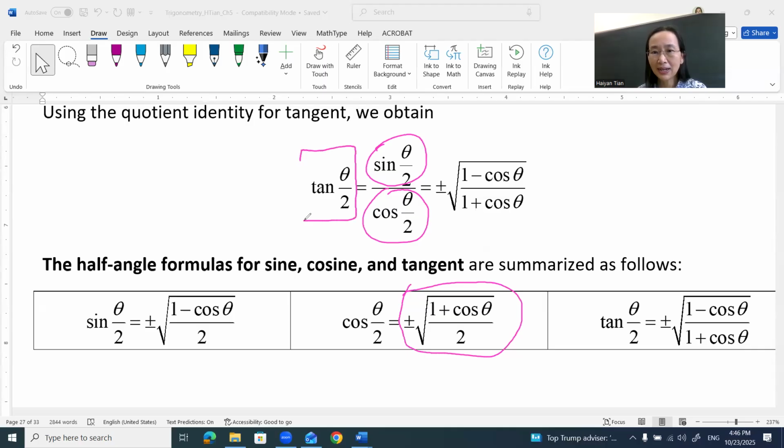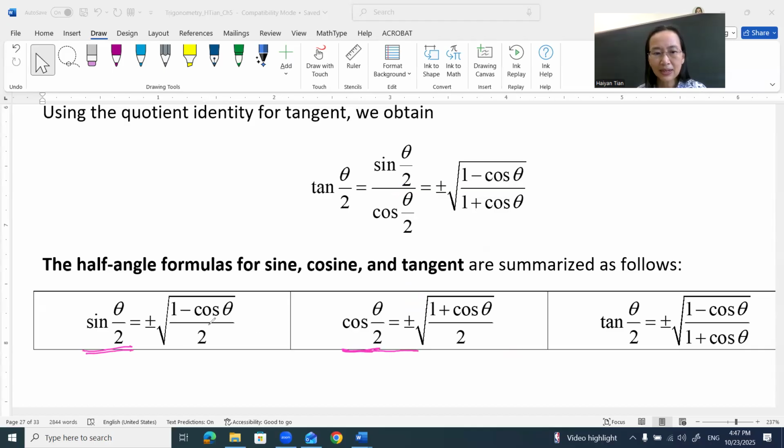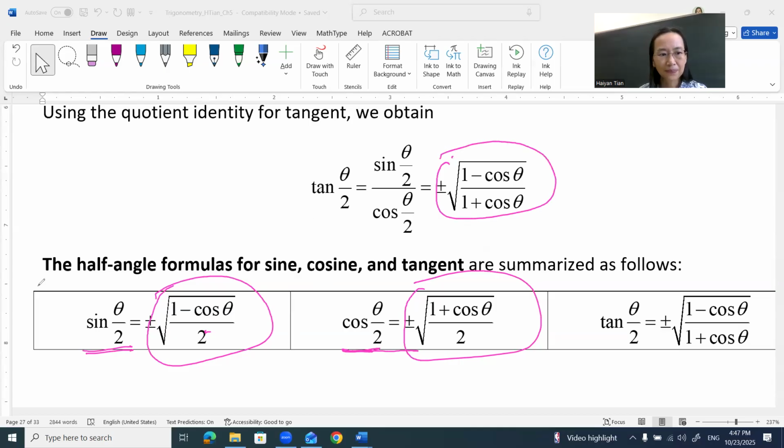So we can get a half angle identity for tangent. Let's simply do a division: this divided by this gives tangent half of theta. Let's see what this becomes, because the two will be canceled. So you can see it will become this identity.